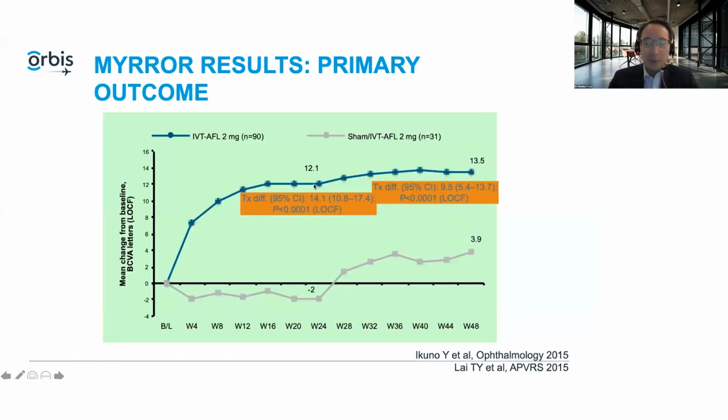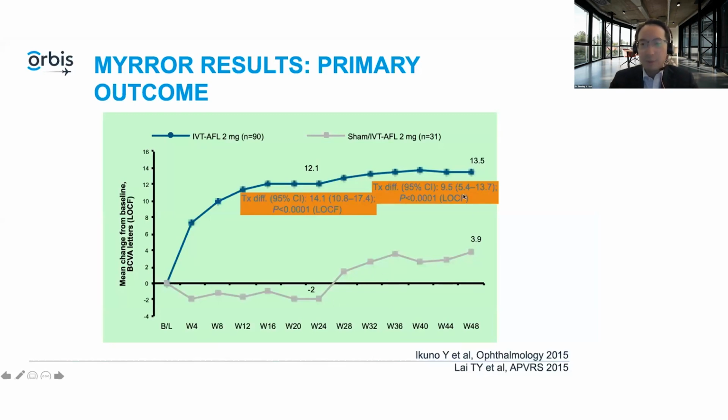Looking at patient improvement, the primary outcome showed that patients treated with aflibercept early gained 12 letters. Patients treated with sham lost 2 letters. At the end of the study, patients treated with aflibercept from the start gained 13.5 letters, while patients who were switched to aflibercept gained only 3.9 letters.